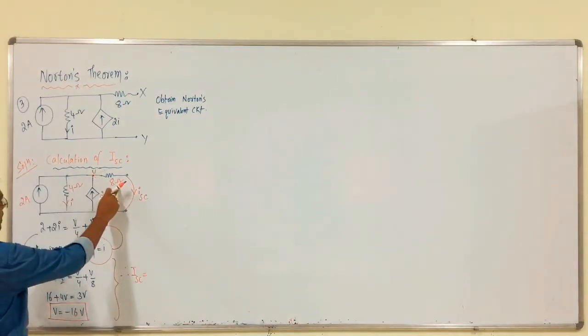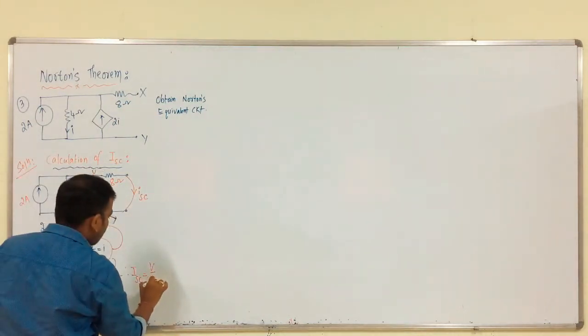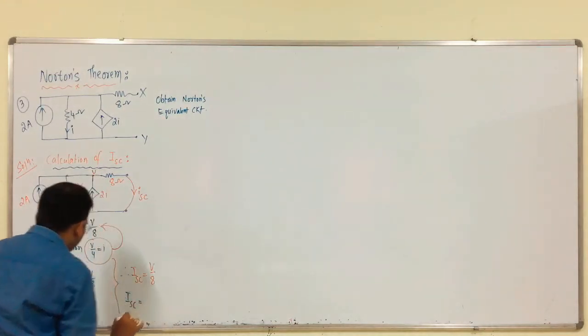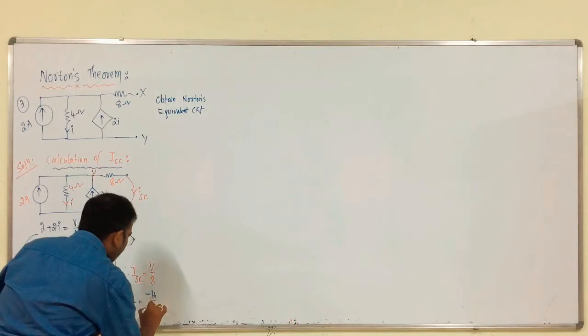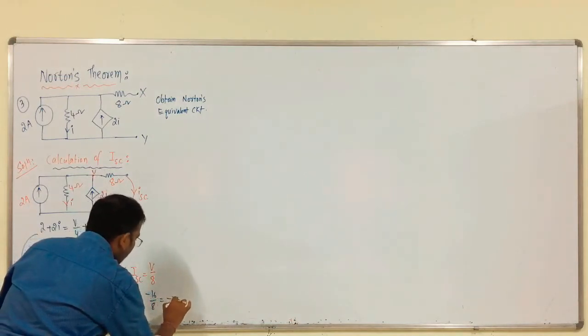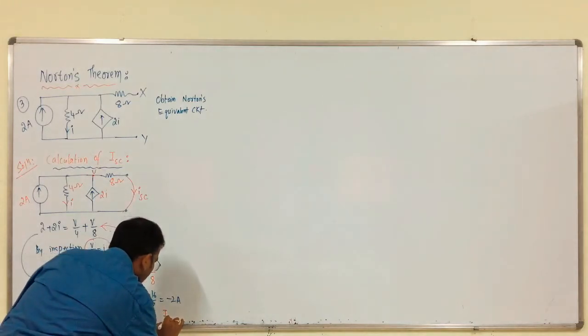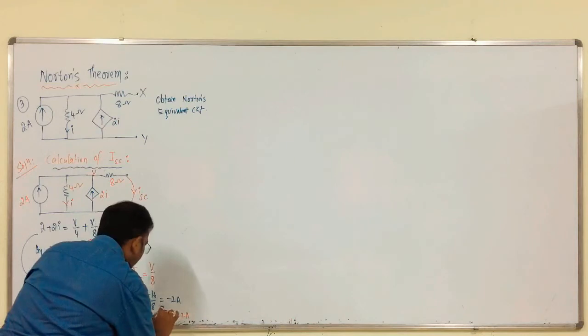So, V by 8 is nothing but ISC. Therefore, ISC is equal to minus 16 by 8, which is equal to minus 2 amps. ISC is equal to minus 2 amperes. That is it.